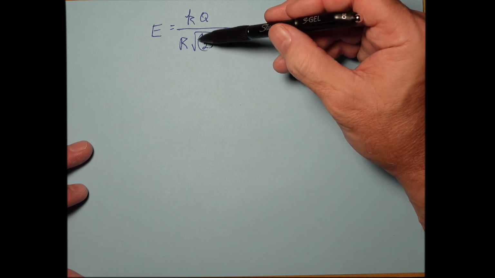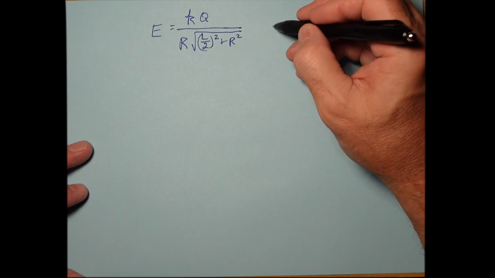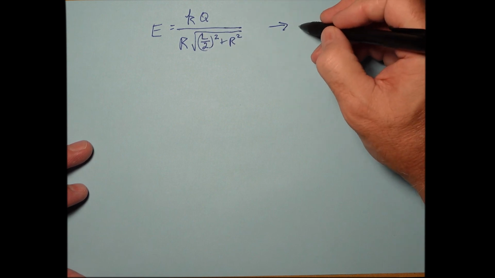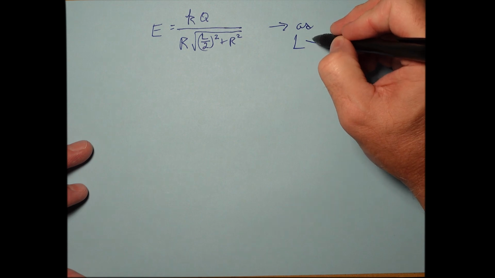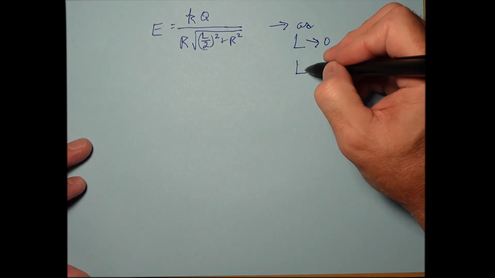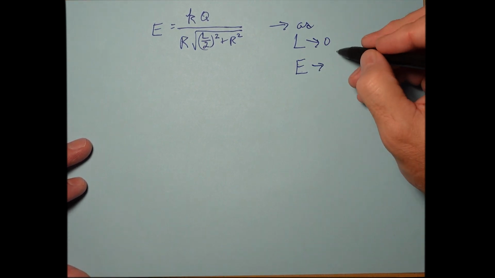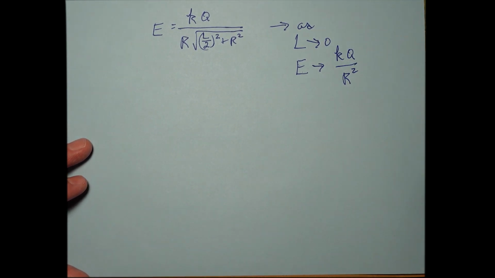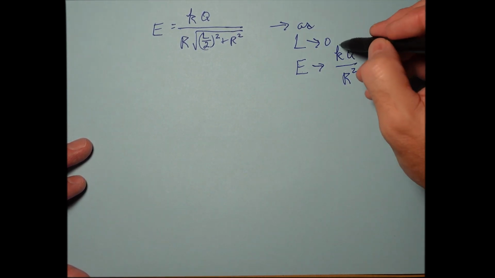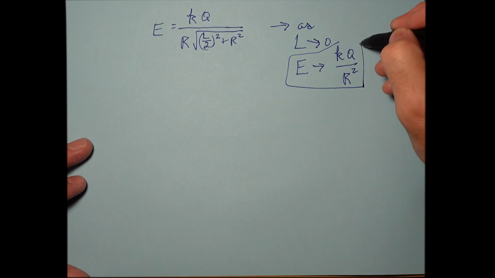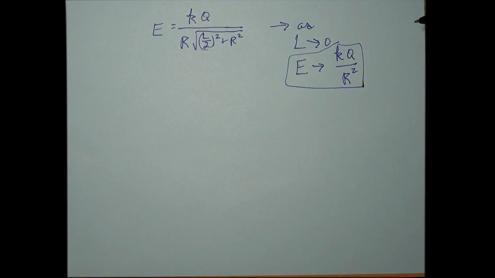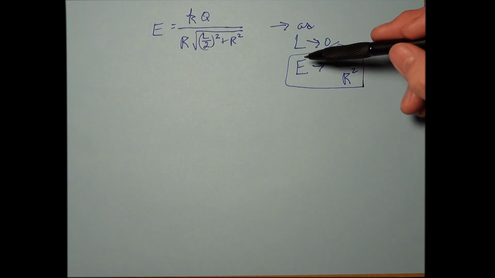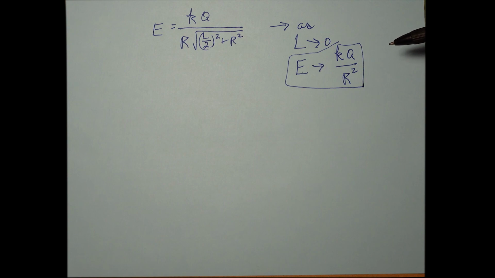So I'm imagining in the limit as L goes to 0. What happens is this becomes R times R, and E approaches KQ over R squared. And that should make sense to you because this is the equation for the electric field due to a point charge. If that point charge was Q and you were a distance R away, then this is the value of the magnitude of the electric field.